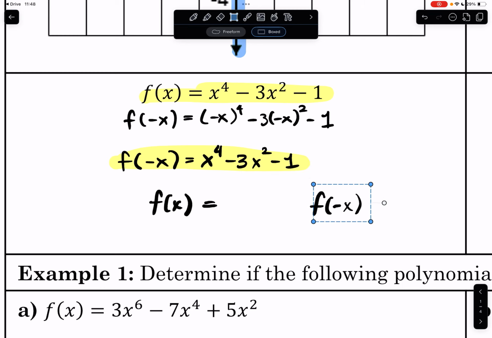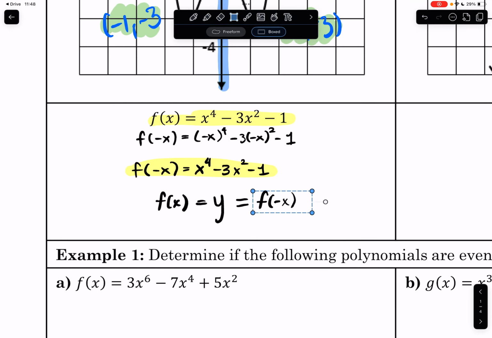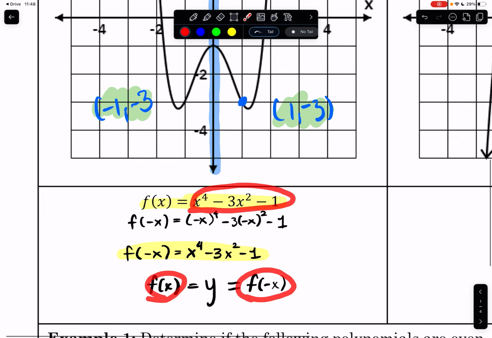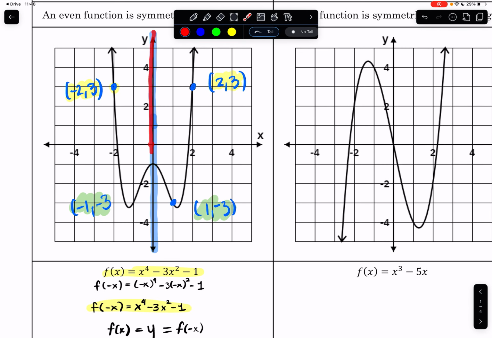Since f of x is equal to y, and f of negative x is equal to the same y because we got the same equation, these two things are equal to each other, and this is how we prove mathematically that this equation is going to be an even function, which implies that it's going to be symmetrical through the y-axis.